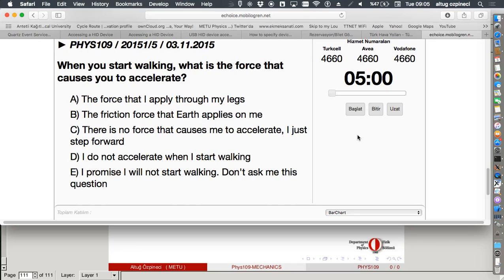Newton tells us that if you are accelerating in the plus x direction, there should be a force acting on you in the plus x direction. What is that force? At least the majority of you already told me that the friction force is in the minus x direction, so there should be some other force in the plus x direction.